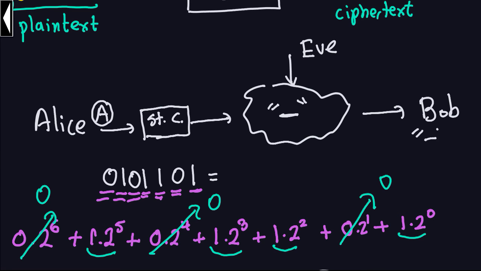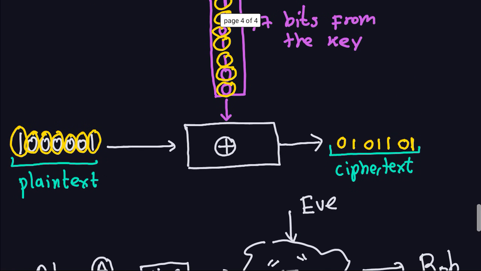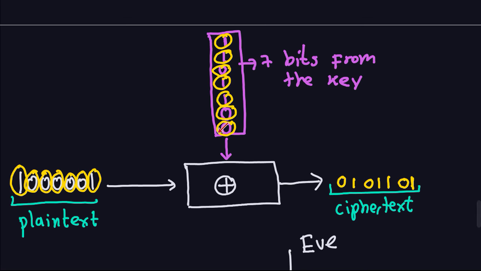Bob now has to decrypt that message, which is a small message, only 7 bits. How is the process of decryption? All that I did here was the process of encryption: have a plain text, express it in binary, and put it through the stream cipher using a sequence of bits that come from the key.